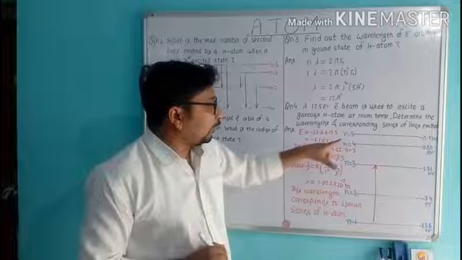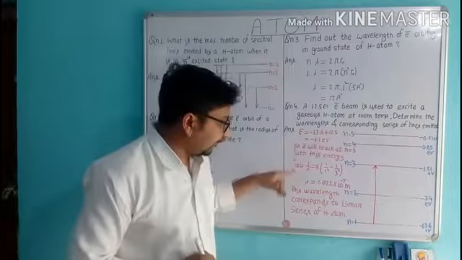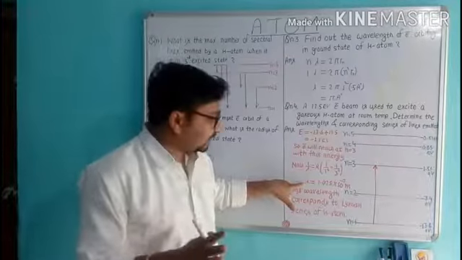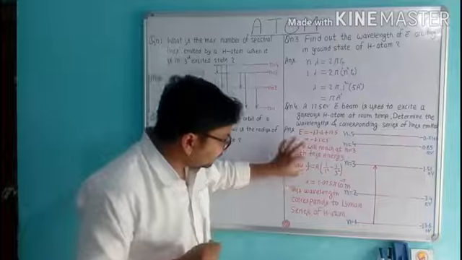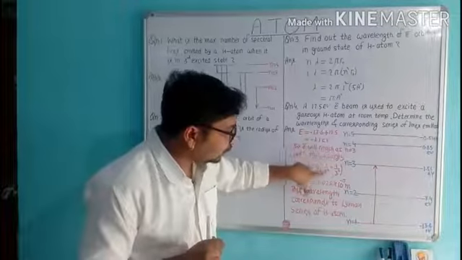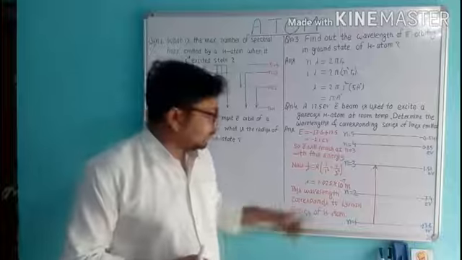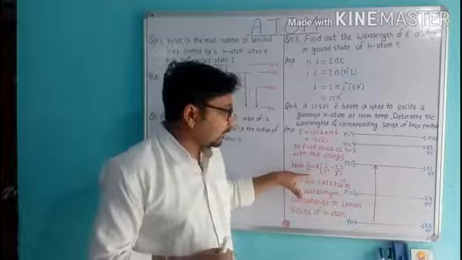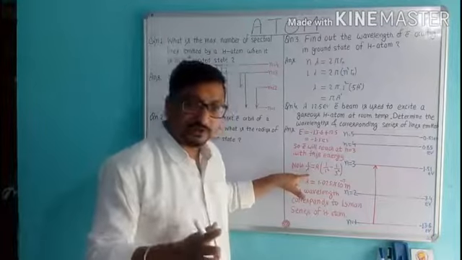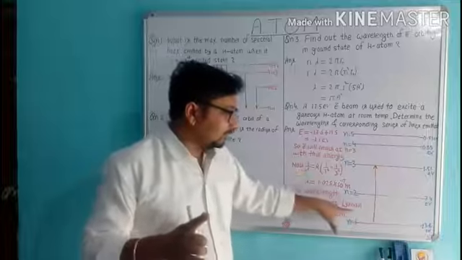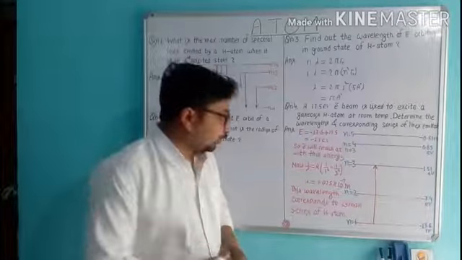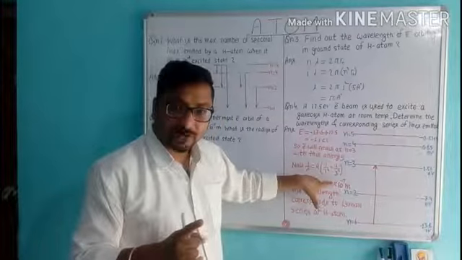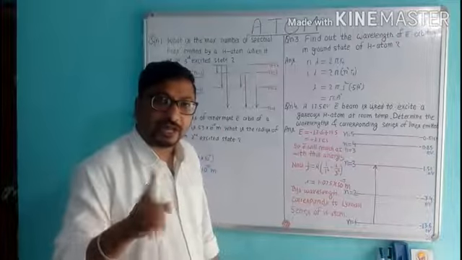Okay, now we have to calculate the corresponding series. We calculated the wavelength, now the corresponding series. To get the corresponding series, again see this formula: 1 upon lambda is equal to R into (1 upon 1 square minus 1 upon 3 square). This formula belongs to the wavelength of the Lyman series. 1 upon lambda is equal to R into (1 upon 1 square minus 1 upon n square) is the formula of wavelength for the Lyman series.